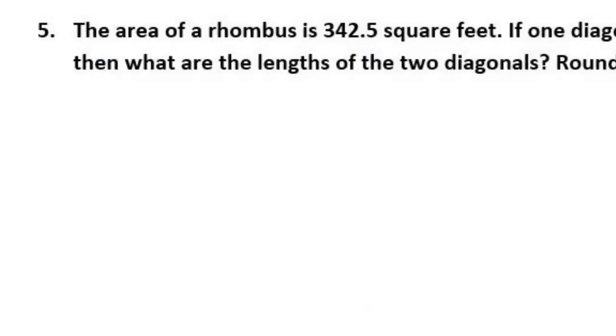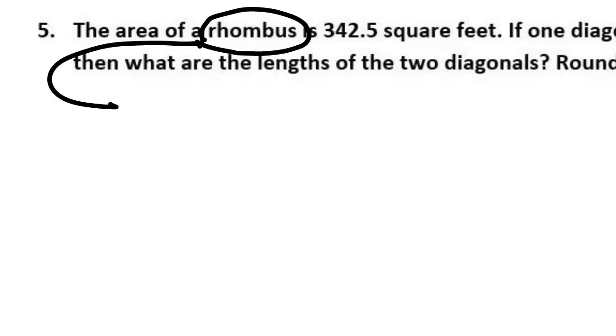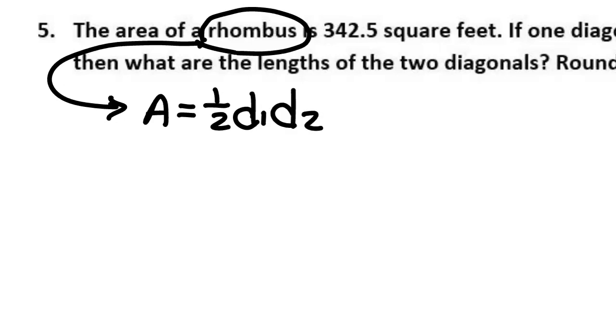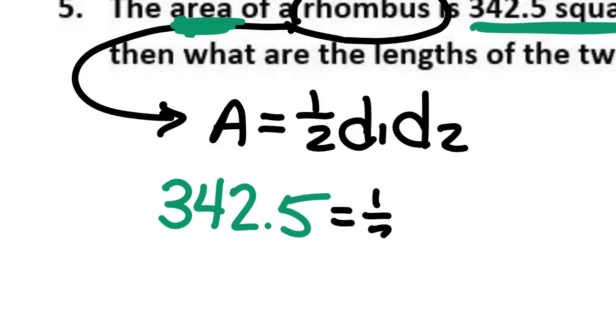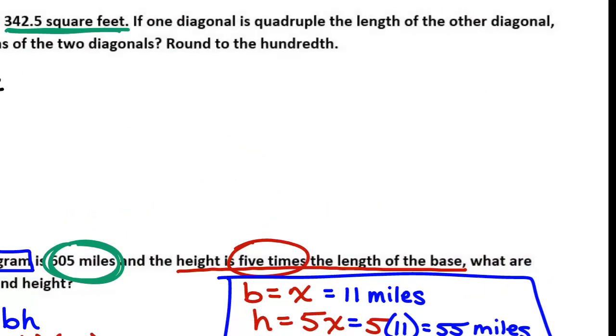The area of a rhombus. So we need to know our area formula for a rhombus. That is 1/2 diagonal 1 times diagonal 2. They tell us that the area of that is 342.5 square feet. So I'm going to put that in the place of A. Equals 1/2, and then diagonal 1 and diagonal 2.